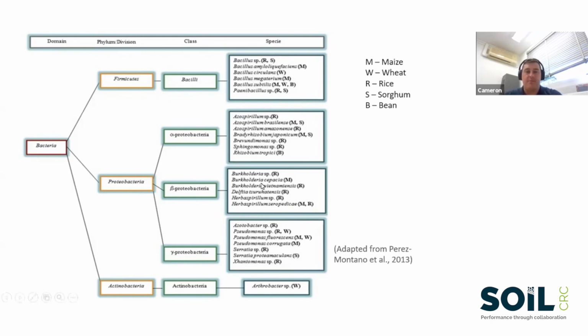But at the same time, you can see variability amongst the type of bacteria. Sometimes specific bacteria will favor one crop over another. But in that same breath, you can get one crop type that will have a huge array of different bacteria, all doing either the same function or a completely different function.